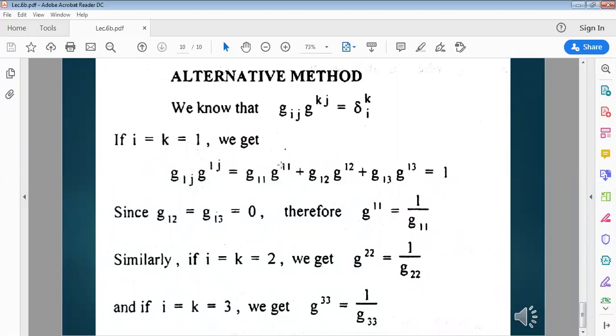And this G11 and this G11 in contravariant form are reciprocals, or inverses, of each other, so these two terms give answer 1. Similarly, if we replace i and k with 2, it gives 1, G22 is equal to 1 over G22. And similarly, we get G33 is equal to 1 over G33.